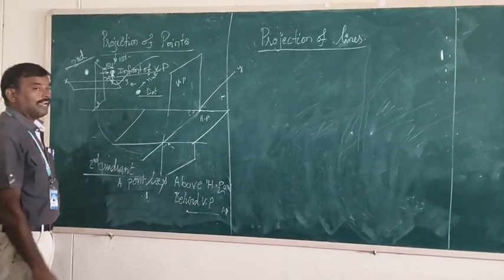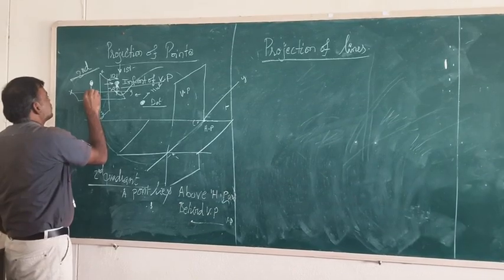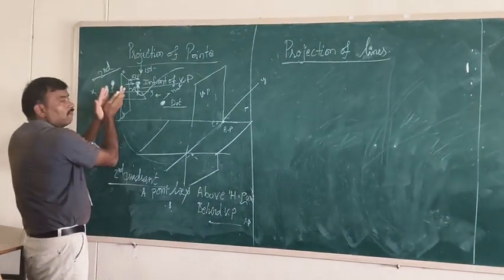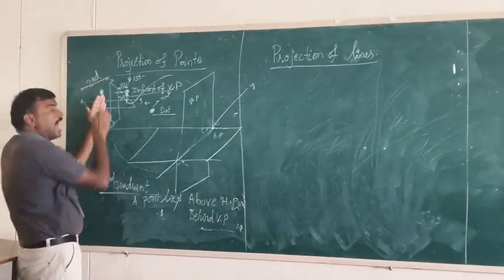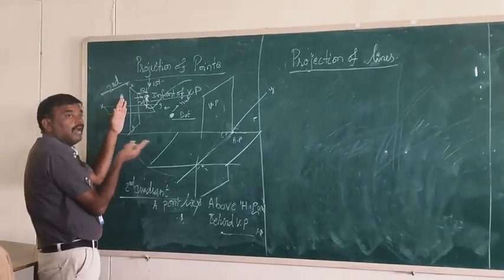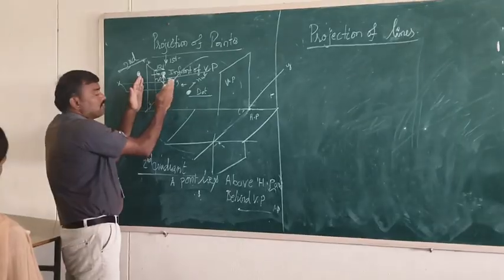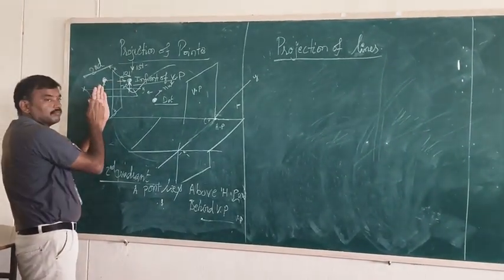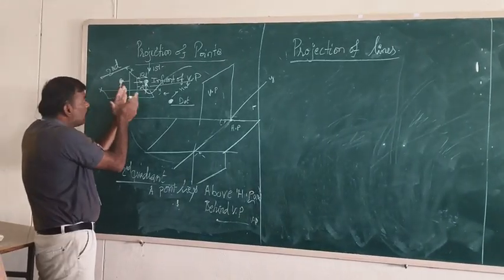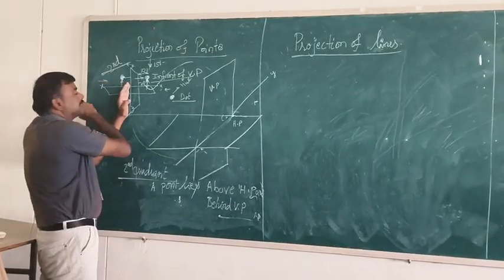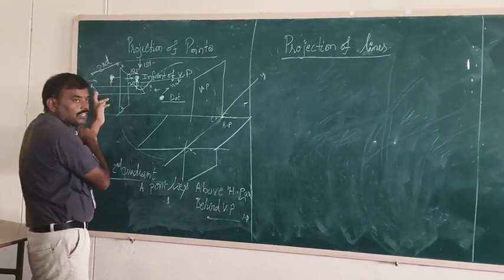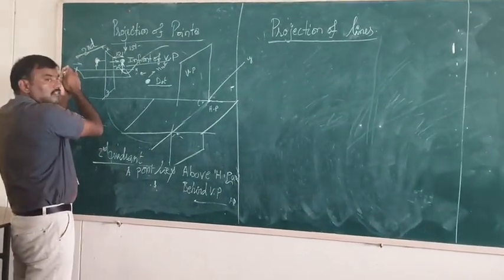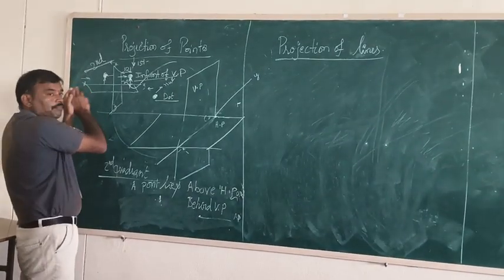Why is it behind? The point distance never changes, it is already on the horizontal plane. But whenever the point is shifted in the anti-clockwise direction, the observer staying here is behind the mirror, meaning the vertical plane. Unless the observer changes, in second angle projection it is the same procedure: above HP, and here the observer observing means in front of VP.